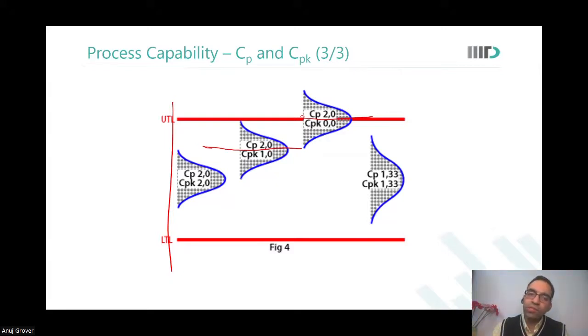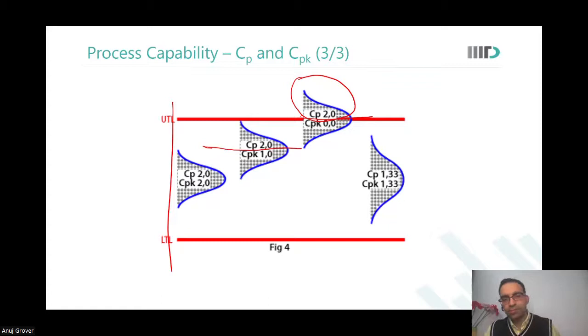Even though your process control is very good and random variations are very well controlled, your yield will only be 50%, because 50% of the dies are beyond this upper limit. Are you able to see this?